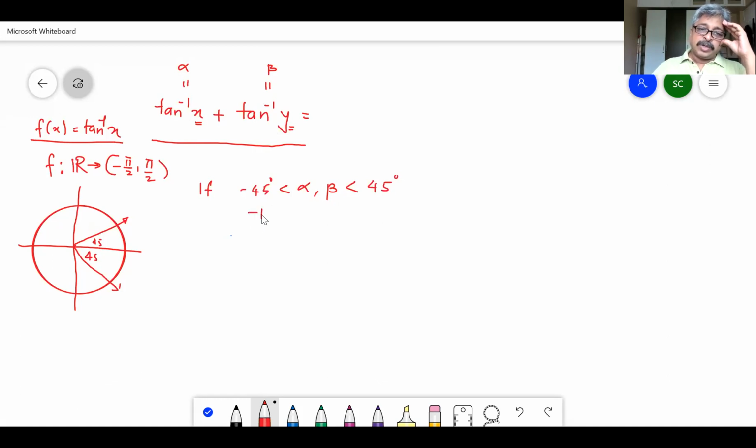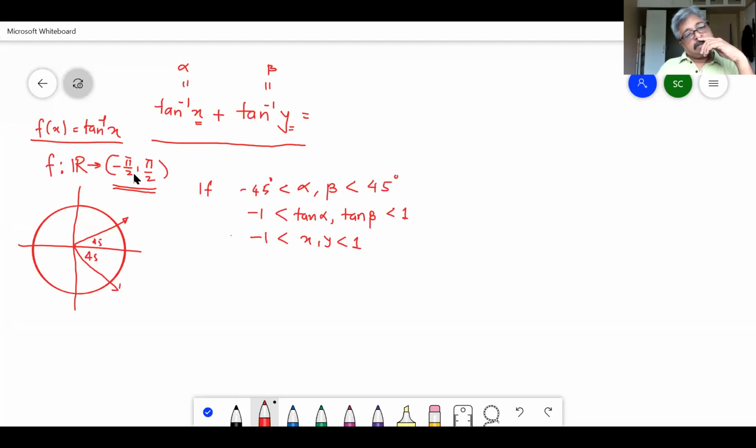Therefore, minus 1 is less than tan alpha, tan beta, which is less than 1. And tan alpha is x and y. This is the safest condition. When x and y are between minus 1 and 1, when they get added, they will not cross this domain.